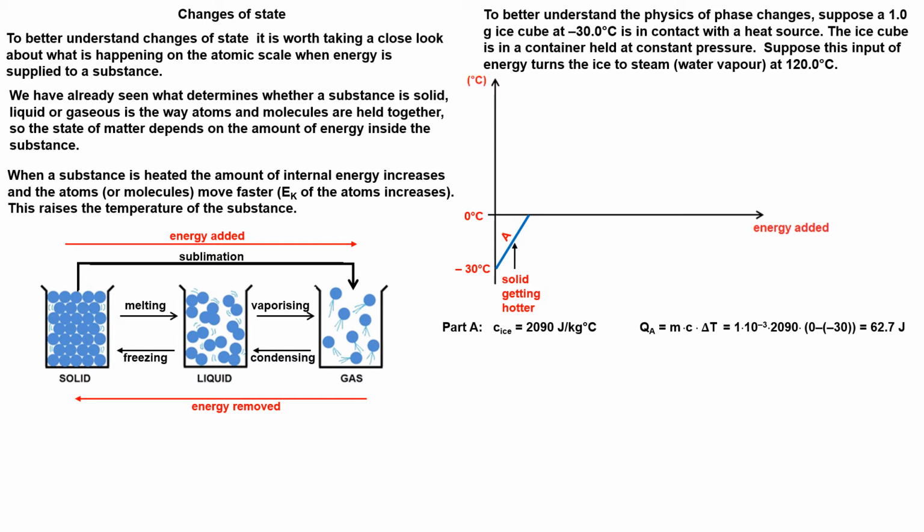Part B. When the ice reaches 0 degrees Celsius, the ice-water mixture remains at that temperature, even though energy is being added, until all the ice melts to become water at 0 degrees Celsius. We can use the latent heat of ice to calculate the amount of energy required to melt 1 gram of ice at 0 degrees Celsius.